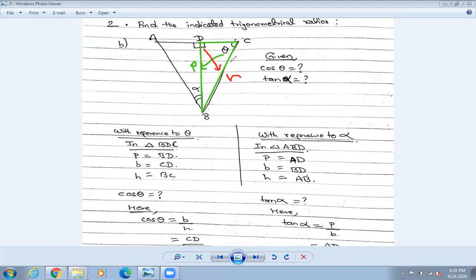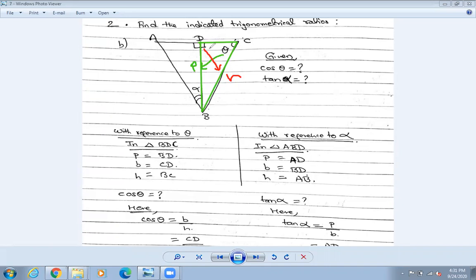Remember one thing: always write down the name according to the alphabetical order. B and C, what comes first? B. That means BC. If you write CB, that also will not be wrong, but if you write BC, that looks better. So the hypotenuse is BC.